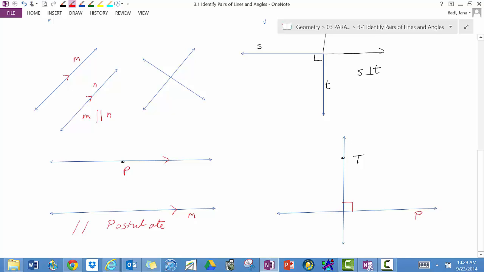Let's call that P, and that is the perpendicular postulate.